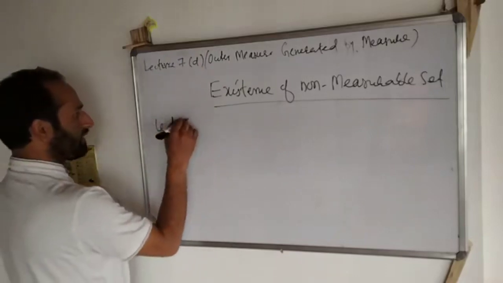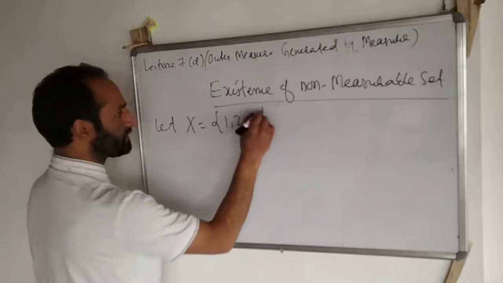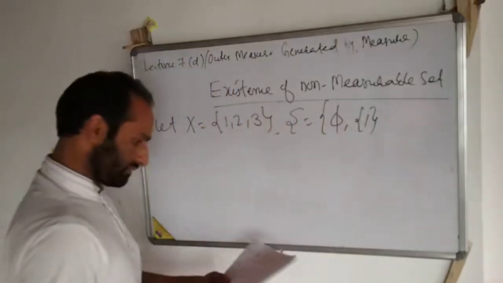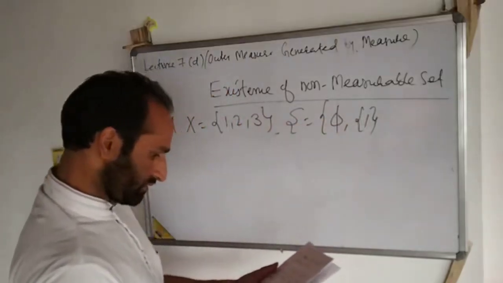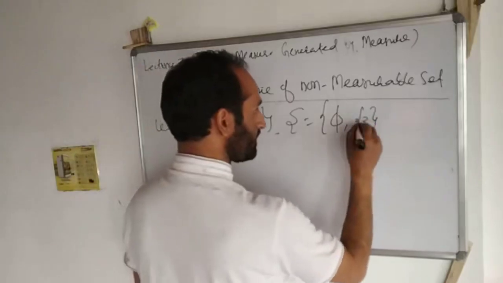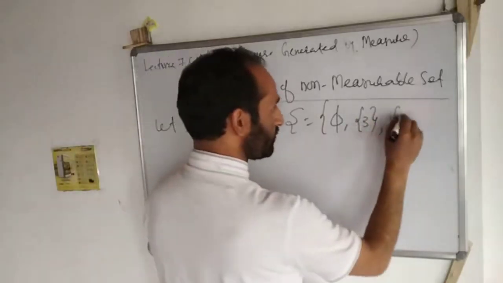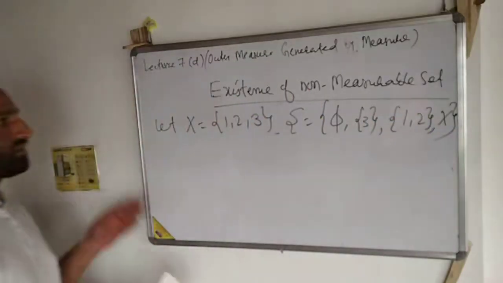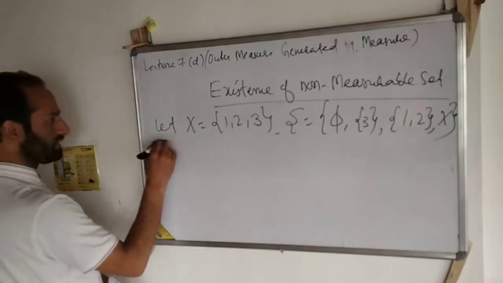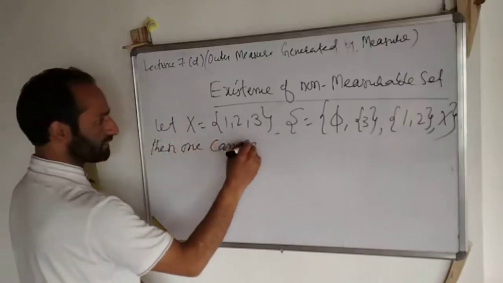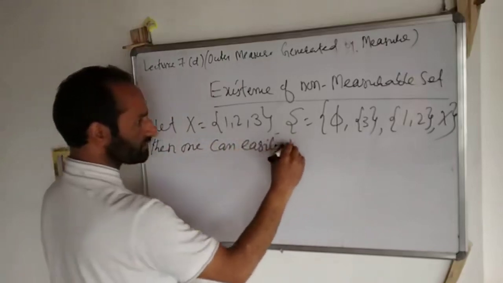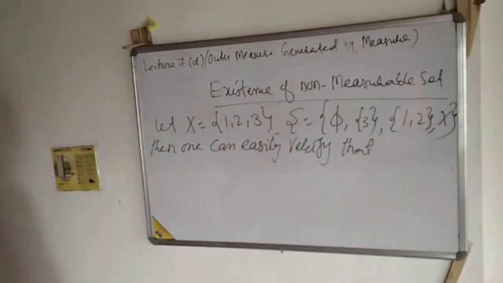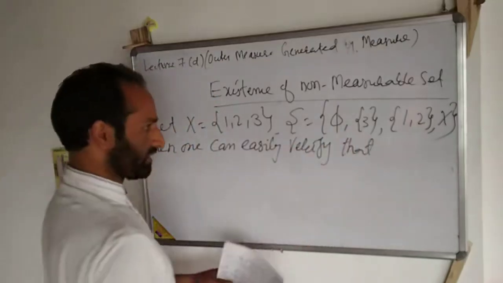Let X be equal to {1, 2, 3} and S be equal to the collection containing the empty set, the singleton {3}, the doubleton {1, 2}, and finally the whole space X. Then one can easily verify that S is a sigma algebra.